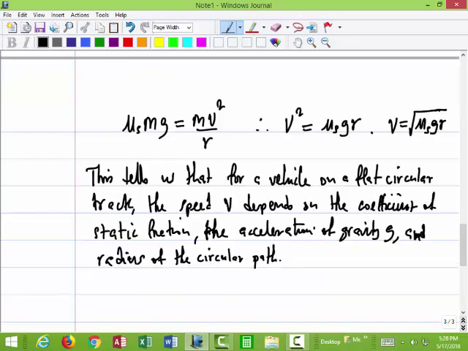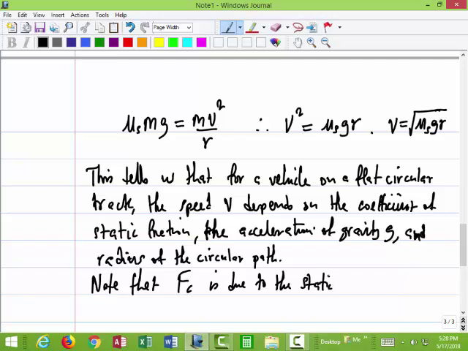Note that for the case of a vehicle moving on a flat circular track, centripetal force is due to the static frictional force between the wheels. So F centripetal is due to the static frictional force between the wheels.